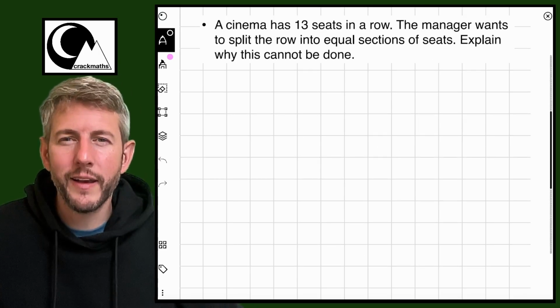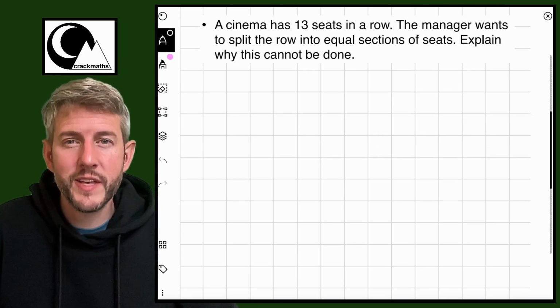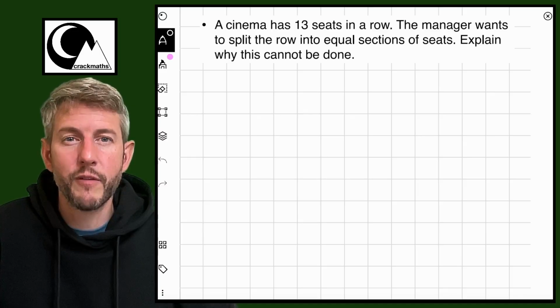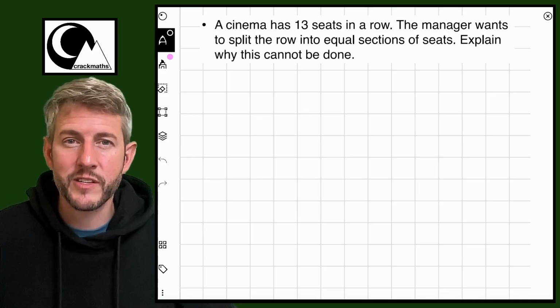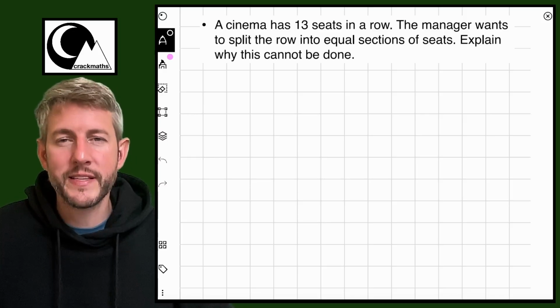Here we go, our last question, example 4. This says, a cinema has 13 seats in a row. The manager wants to split the row into equal sections of seats. Explain why this cannot be done.